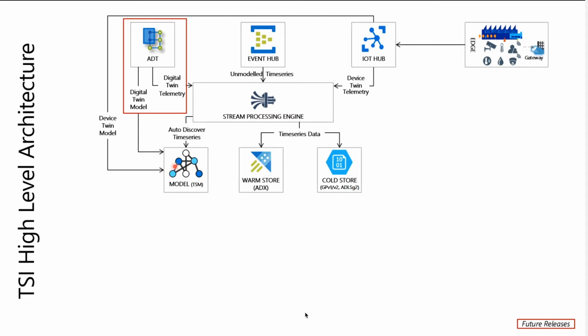And we have this notion of modeling within TSI. What it does is help us create context, as well as sync the context coming from the upstream systems. Essentially, the time series model has three components. You have instances, which are the representation of your time series telemetry as well as the time series themselves.